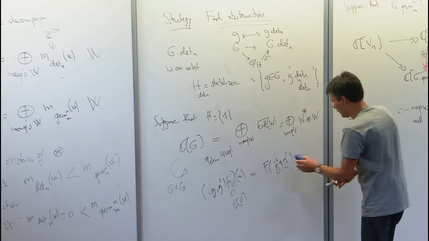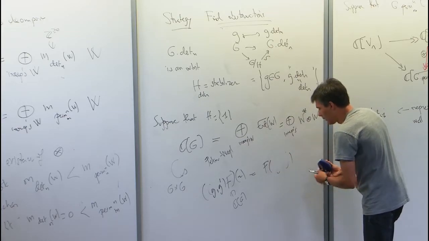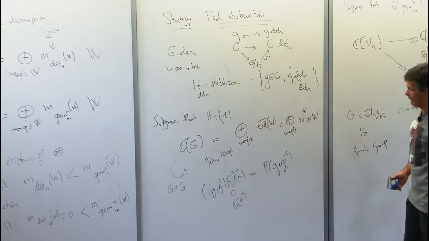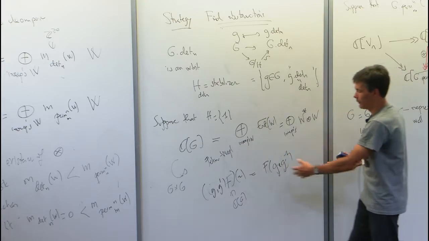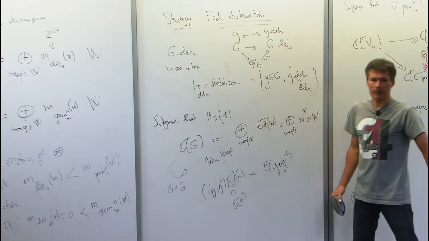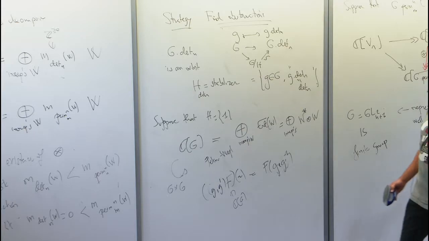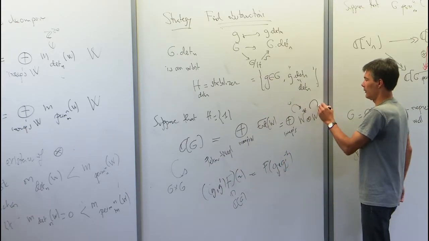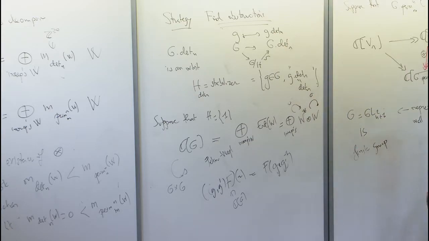Oh, sorry, it's on this side: G x G prime minus 1. So the group can act either on the left or on the right when it's not commutative. So you have an action of G cross G, and one of the G acts on the first factor, and the other G acts on the other one.